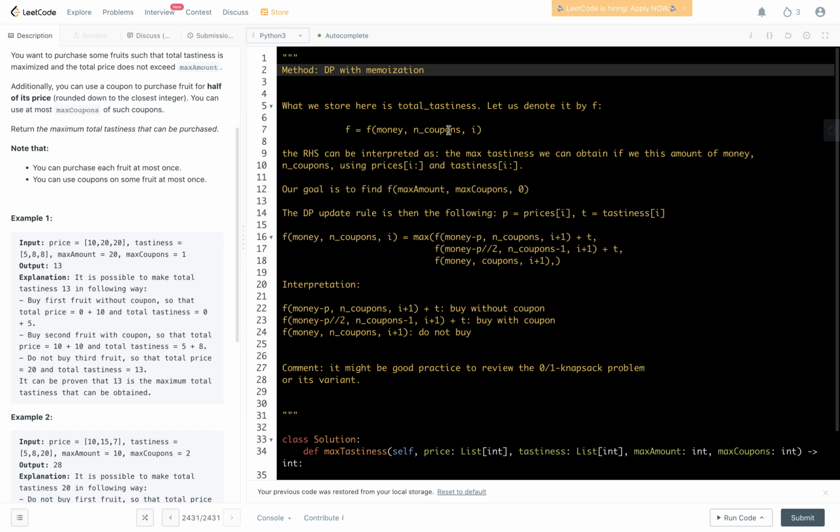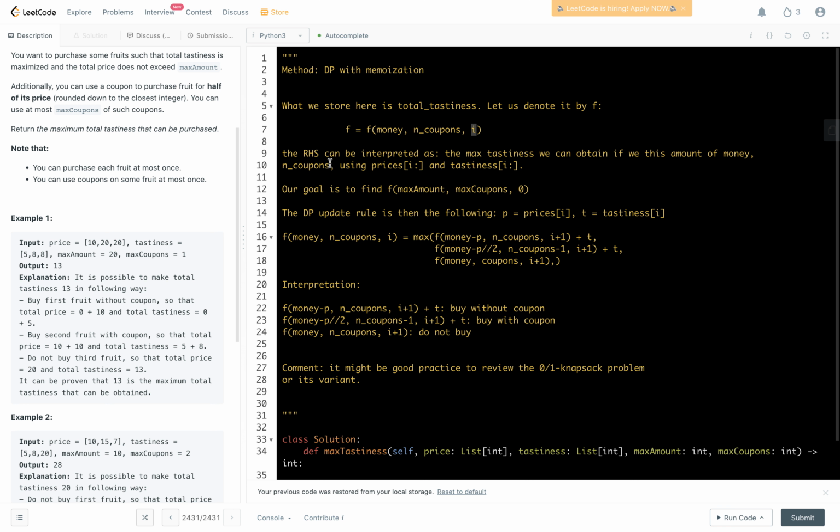What we want to store or track here is the total tastiness we can get. Let's denote it by f. Here f is a function of the money we have, the number of coupons, and how much of the information we're going to use. Actually we can understand this i as an index.